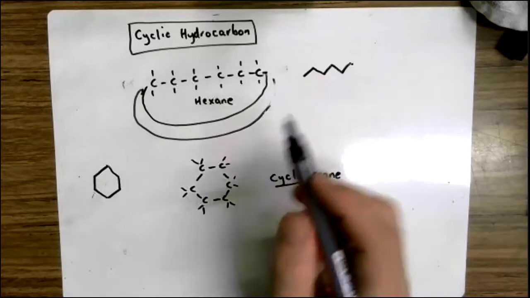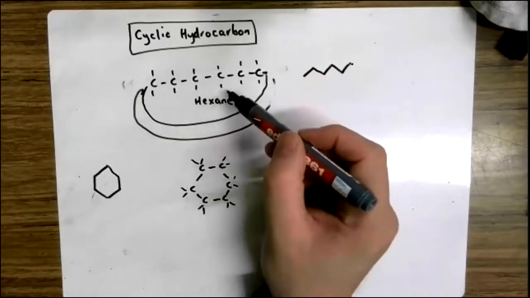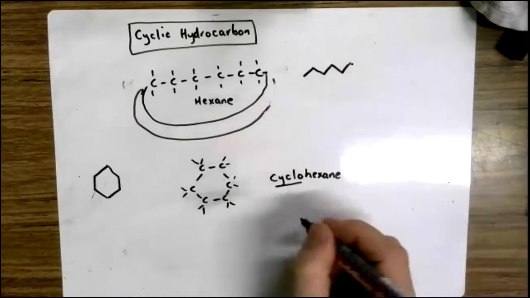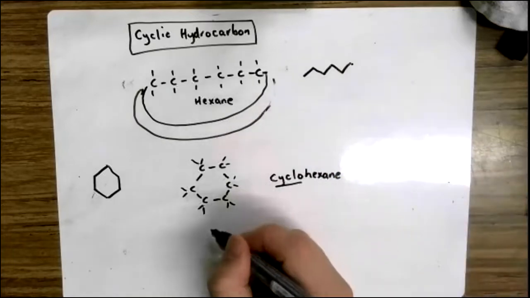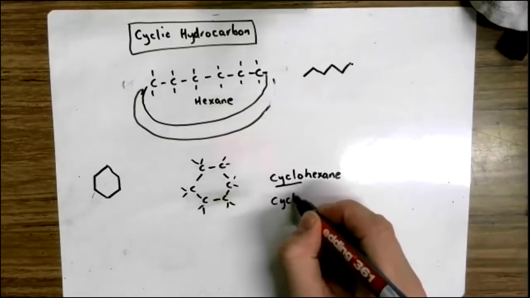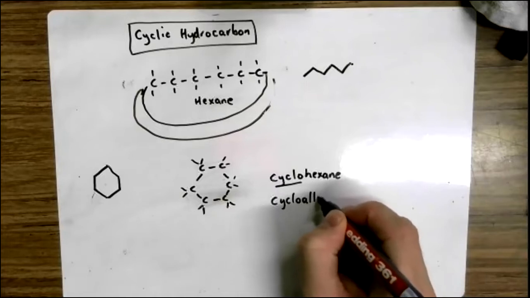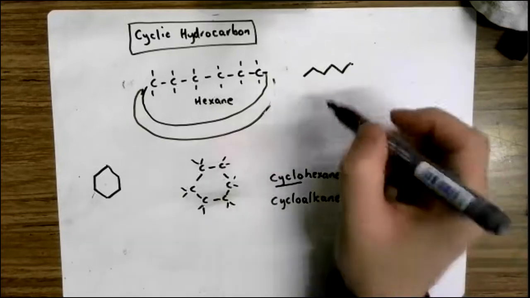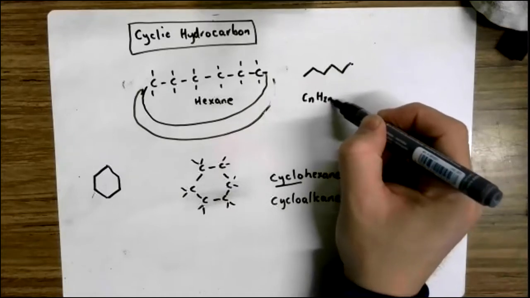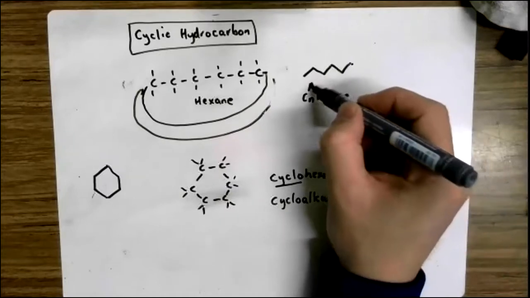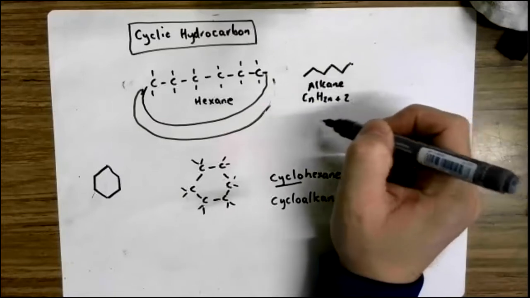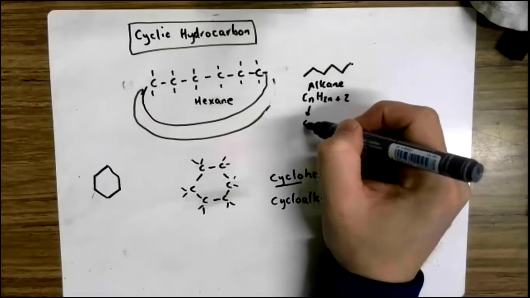So basically, we're going to have to remove 2 hydrogens to get this to go into a ring, which means the general formula for a cycloalkane differs. The general formula for a normal straight chain alkane is CnH2n plus 2. All alkanes have this formula, CnH2n plus 2, where n is the number of carbons.